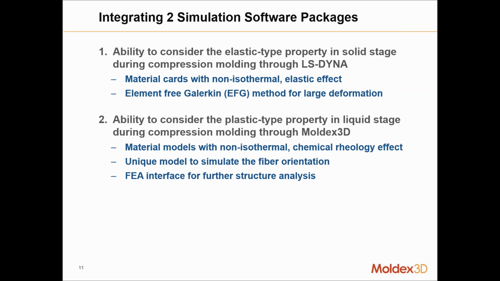So we have a unique model to export the fiber orientation for further structural analysis. Not only fiber orientation, we can export out weld lines and such that can affect your mechanical properties.